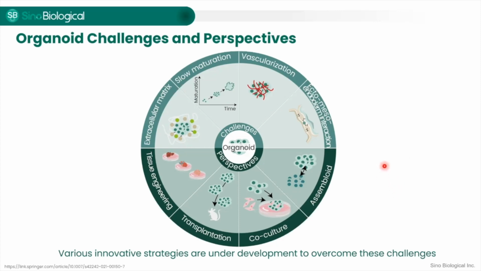Specifically, the sizes of organoids developed to date have been limited due to the lack of vascular structures. But that can be overcome by using vascularization via co-culture with endothelial cells. And that can provide a near physiological way to increase nutrient exchange.